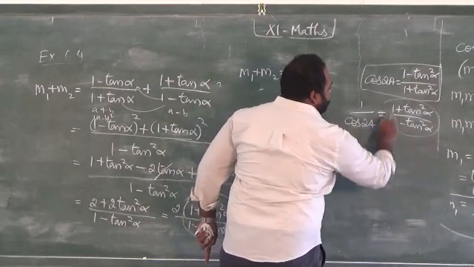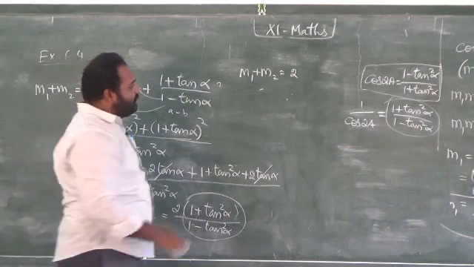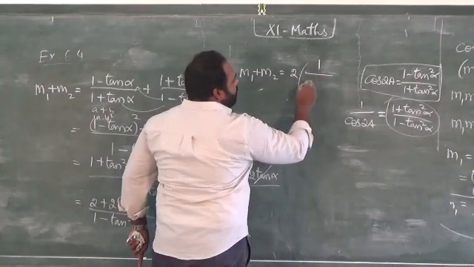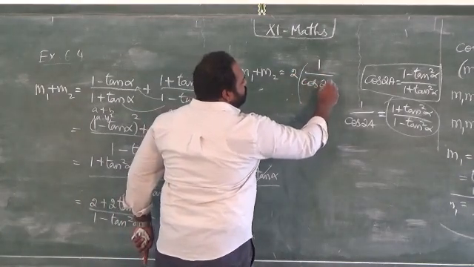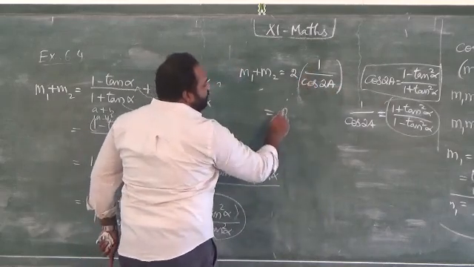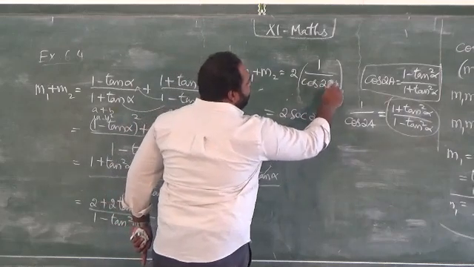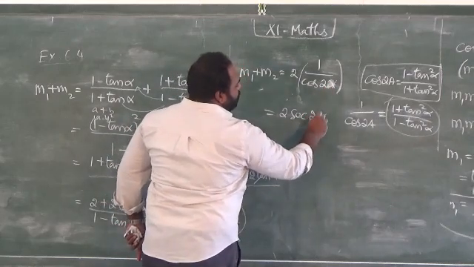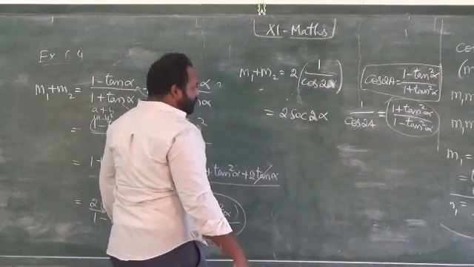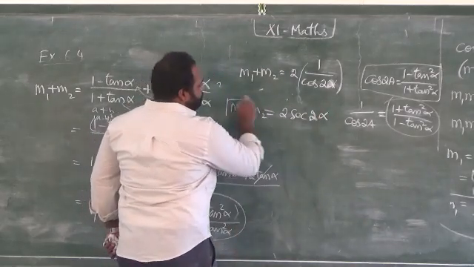So instead of that, I can write 1 by cos 2 alpha, which we can write as secant 2 alpha. So this is the M1 plus M2 value.